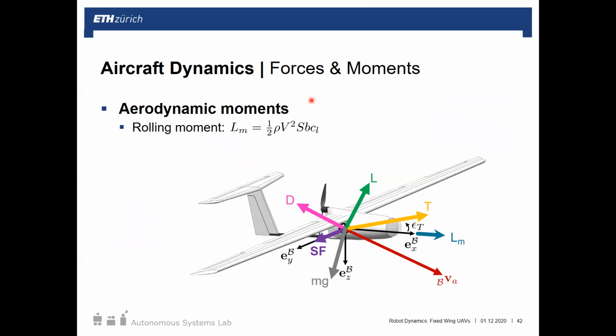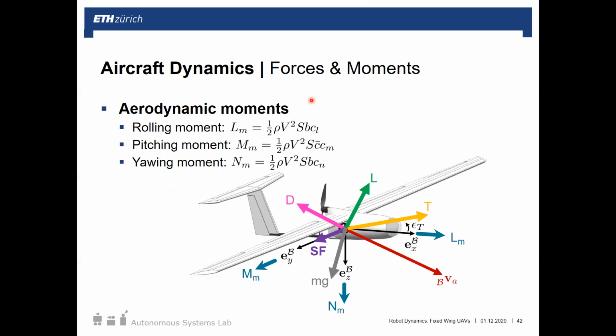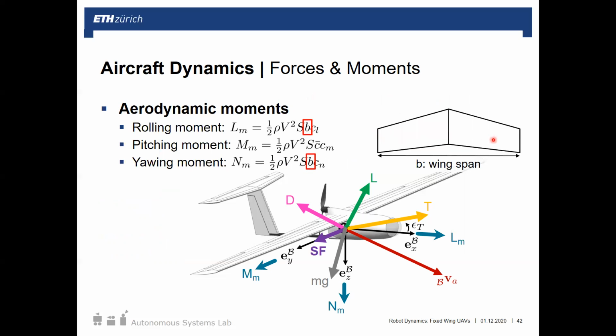Now to the moments. Out the x-body axis, we have our rolling moment, pitching moment out the y, yawing moment out the z. And here again, some definitions. This B is span, basically just the length from tip to tip of the wings. This is used for normalization of the coefficients for the rolling and yawing moments. These are lateral-directional moments, so they use span.